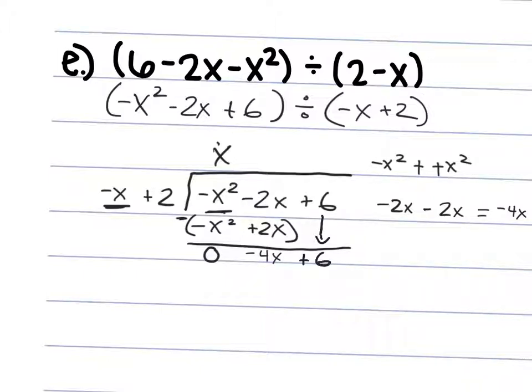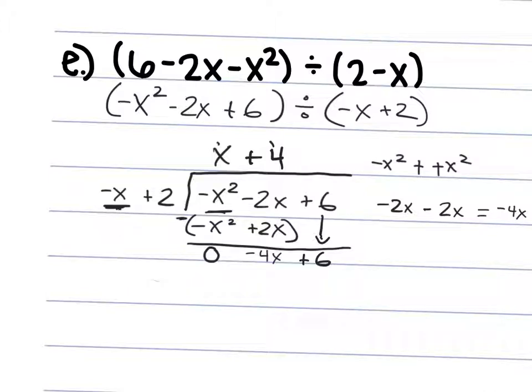And now we're going to say, how many times does negative x go into negative 4x? Or negative x times what would give me negative 4x? A positive 4. Let me just clear this out of the way.